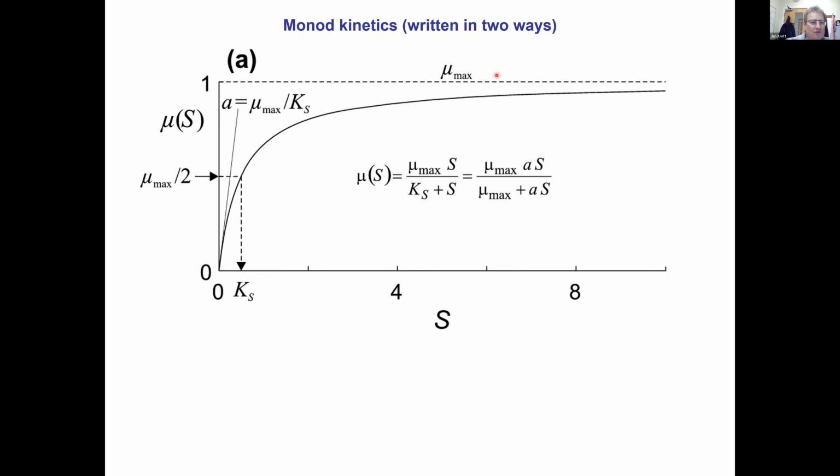Even if there's plenty of food available, there's a limit to how fast they can grow, and this is this mu max value. So first, the specific growth rate of the cells is increasing in proportion to the substrate, but then this saturates, and we are reaching a maximum specific growth rate.